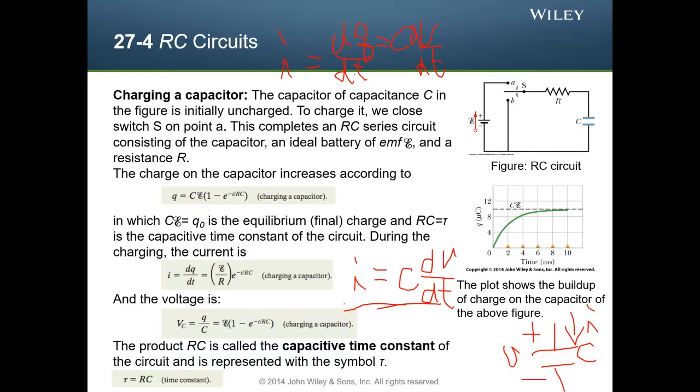You take the derivative on the left side also, so you can move this inside.